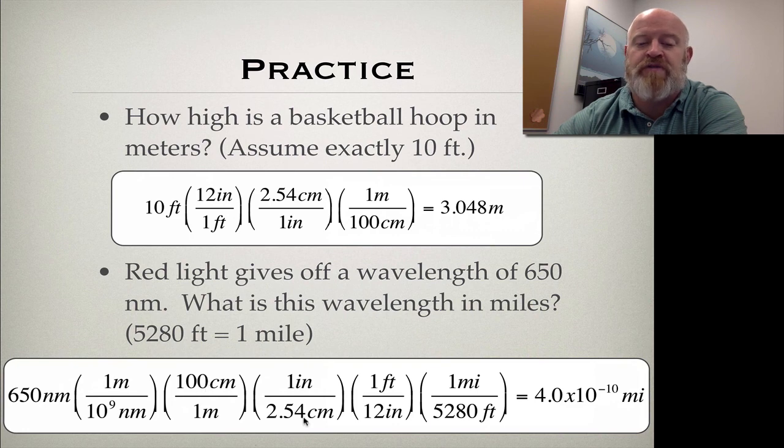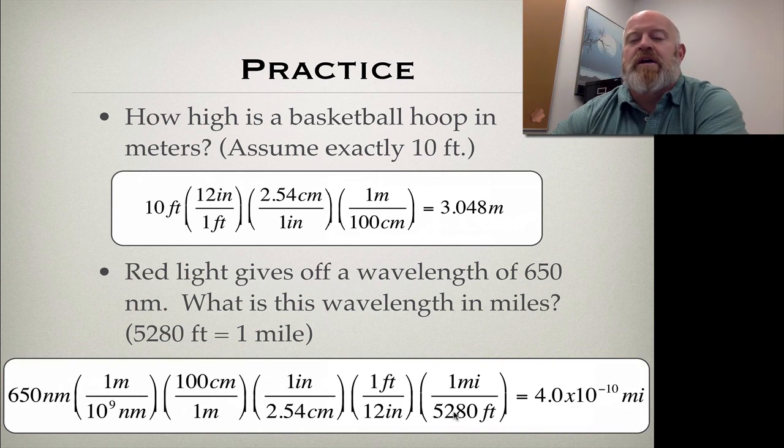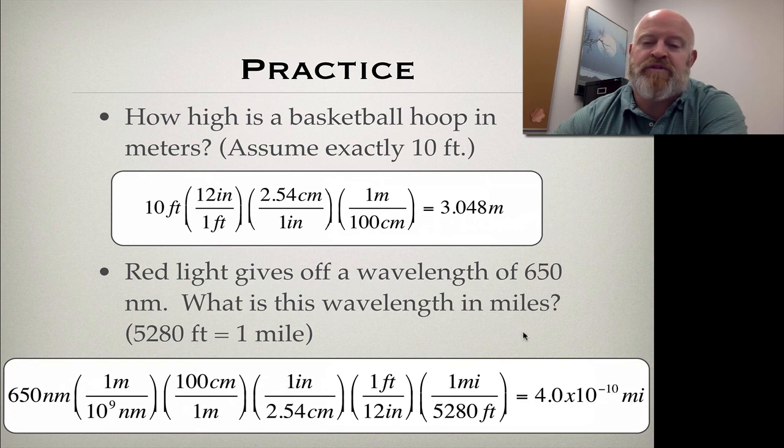Again, there's 2.54 centimeters in an inch, 12 inches to a foot, 5,280 feet to 1 mile. And if we look, nanometers cancels, meters cancels, centimeters cancels, inches cancel, feet cancel. We have miles. So 650 divided by 10 to the 9th times 100 divided by 2.54 divided by 12 divided by 5,280, and we get 4.0 times 10 to the negative 10th miles on here. And MI is the appropriate abbreviation for miles.